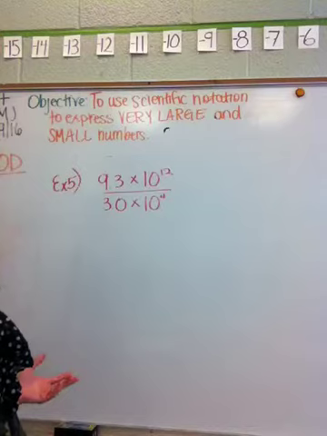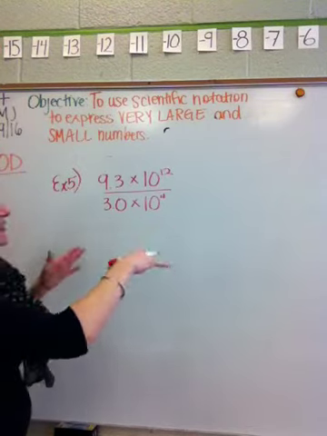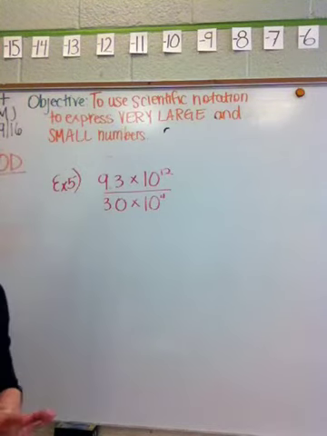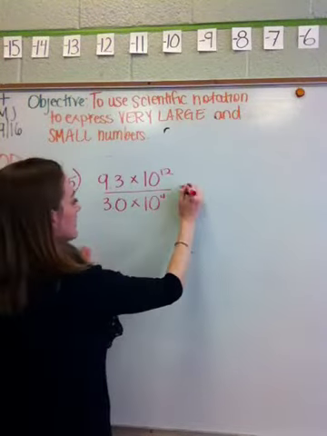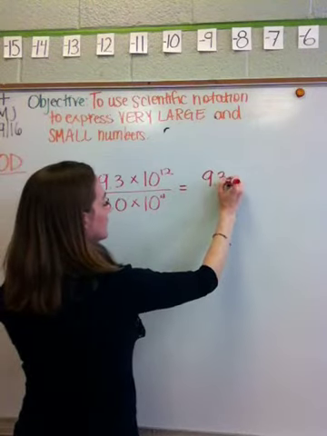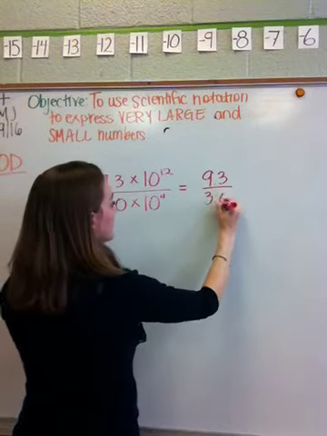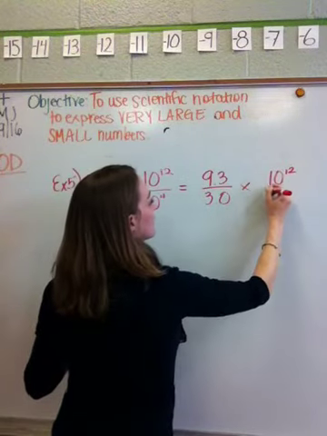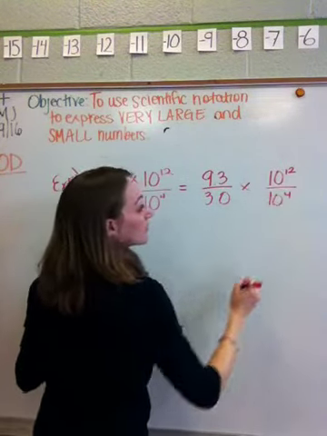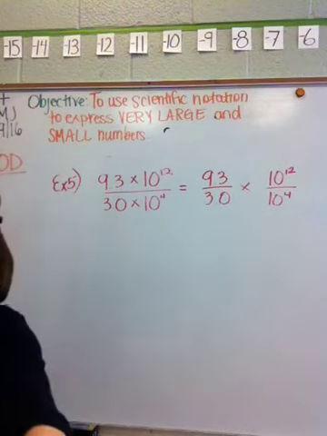Immediately, your brain goes, I'm just going to convert these and zero everything out, so I have a whole bunch of ones. No, let's go ahead and split this. We want to split this into 9.3, our significant digits, times 10 to the 12th over 10 to the 4th.